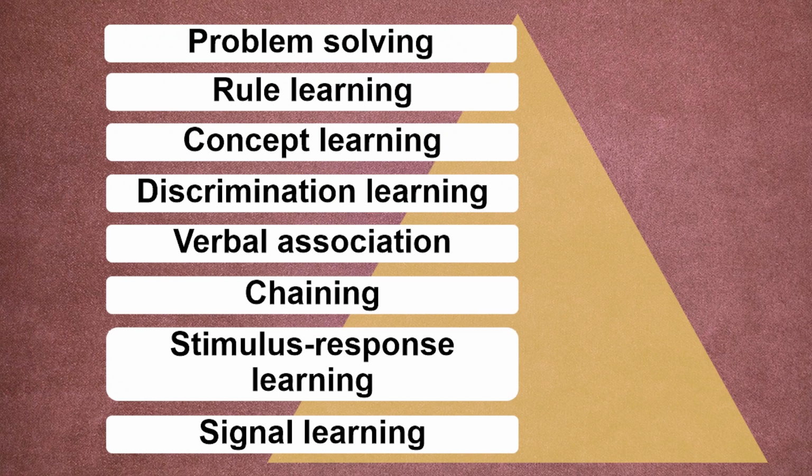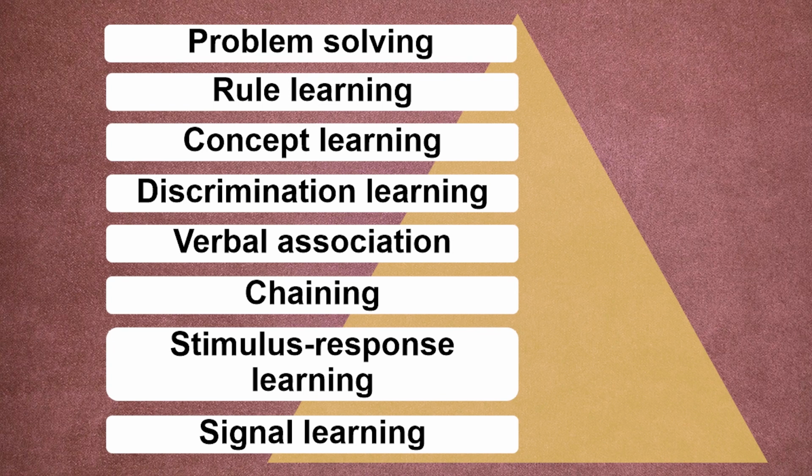Before entering into the detailed explanation of each hierarchy of learning, when we look at the pyramid, what we can see is that the lower 4 steps, that is signal learning, stimulus response learning, chaining and verbal association, involve a lower order of thinking.